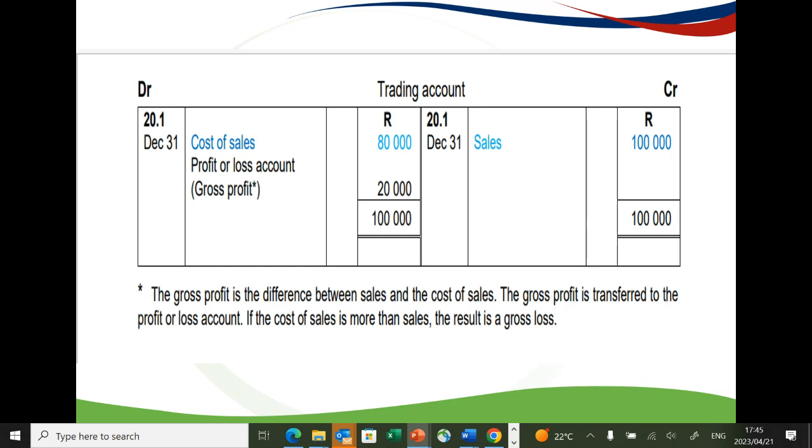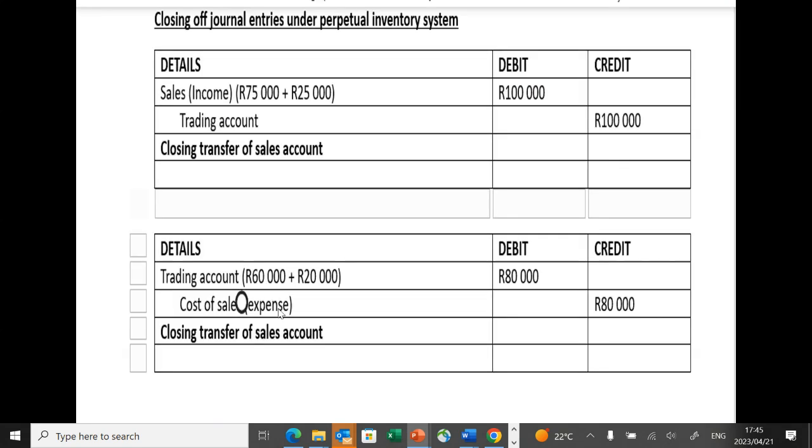So let's go back again. Let me start with the trading account. I want to show you here. We said in this transaction that sales income is debited by 100,000. We credited the trading account. So the trading account is credited by 100,000 because of sales. Then the trading account is also debited here by what? By cost of sales of 80,000.